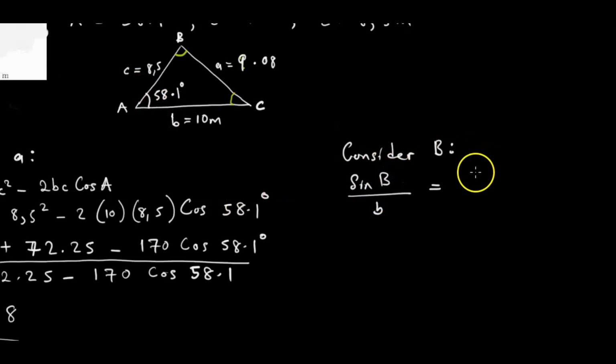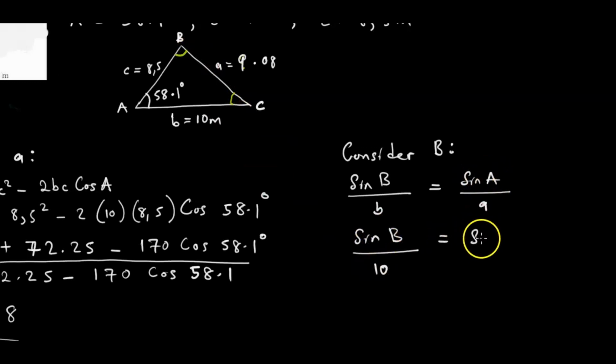Saka tofunga kushandisa A, kureva kuti inenge yasine A over a. Sine B, hatisi kuziva the angle B ndo yatiri kutsvaga, over the side b in the 10 is equal to sine A inenge iri sine of 58.1 over a wacho ari 9.08.